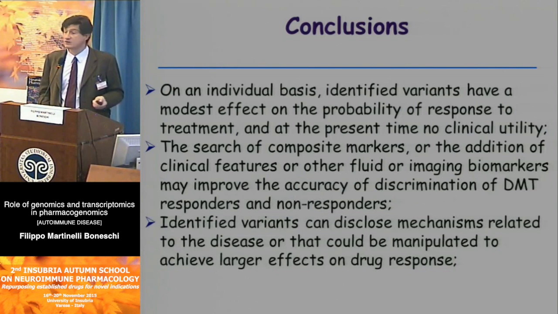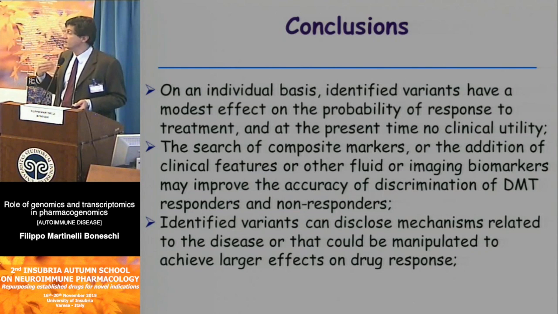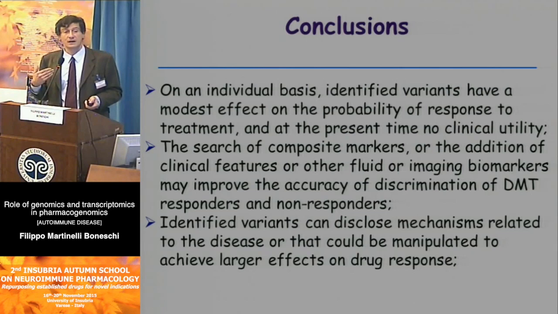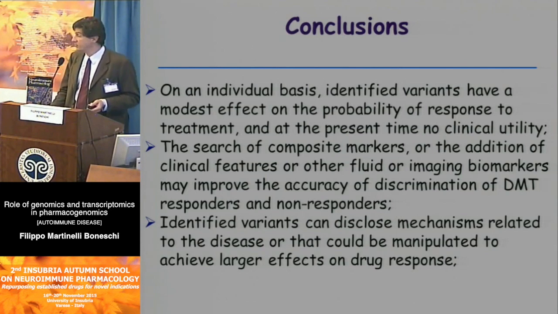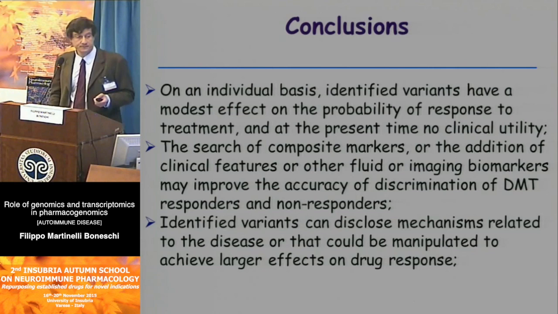Of course, as it was for SLC9A9, the interesting part of the story was not necessarily the clinical utility, but the fact that we identified a new mechanism related to immunological response and to essentially the MS phenotype, thanks to this type of approach, which could somehow help to better understand the disease, also to develop new treatments.